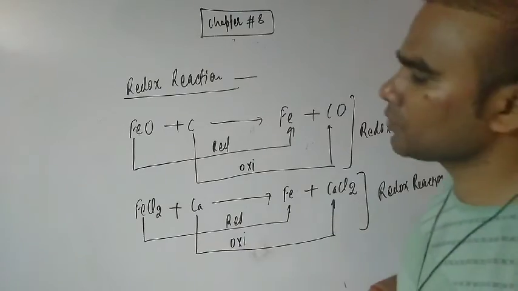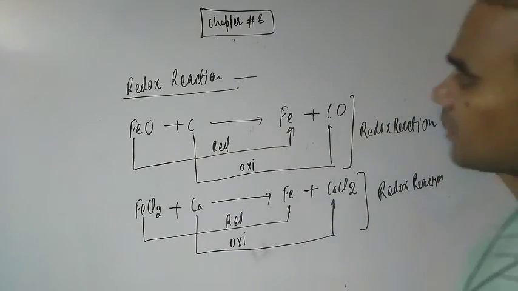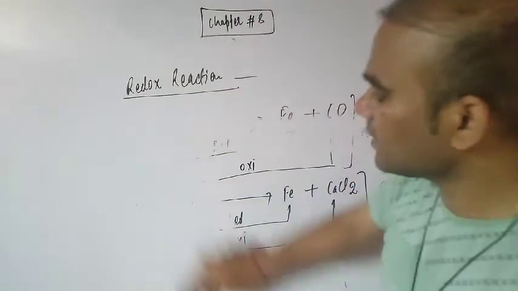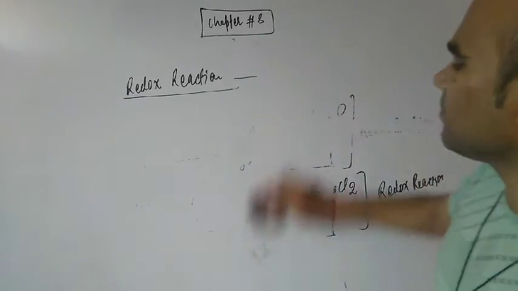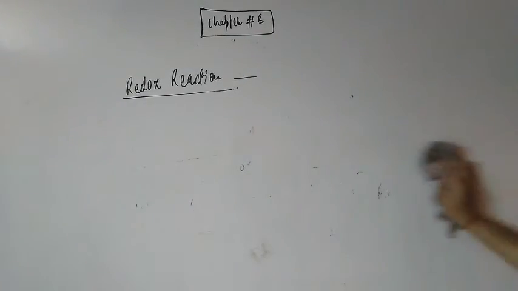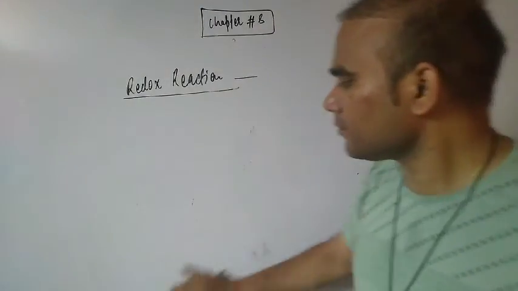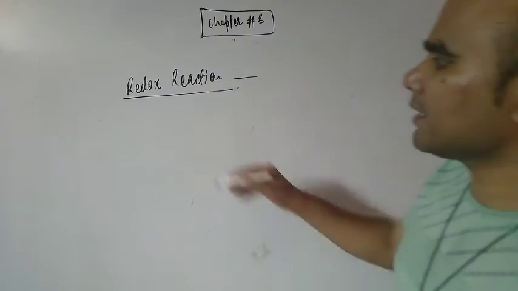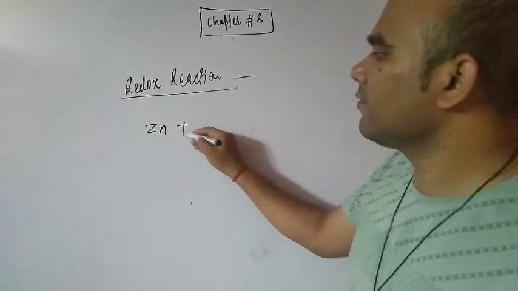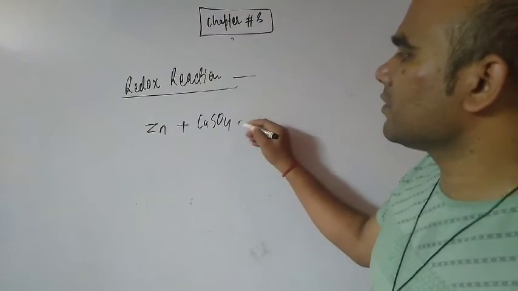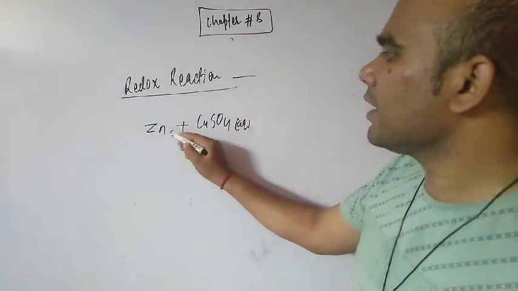Now what we are going to do, we are going to apply the modern concept, and then we check that it is an example of redox reaction. Modern concept. So suppose, students, we are having Zn, and we are treating it with copper sulfate aqueous solution. Here this is solid.